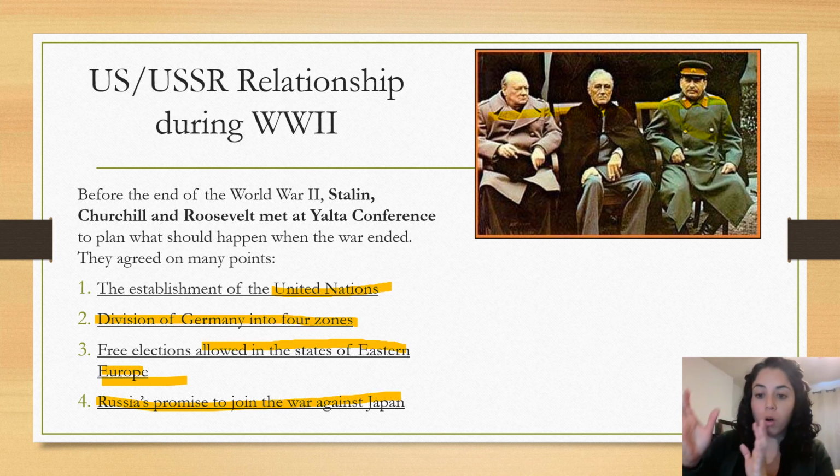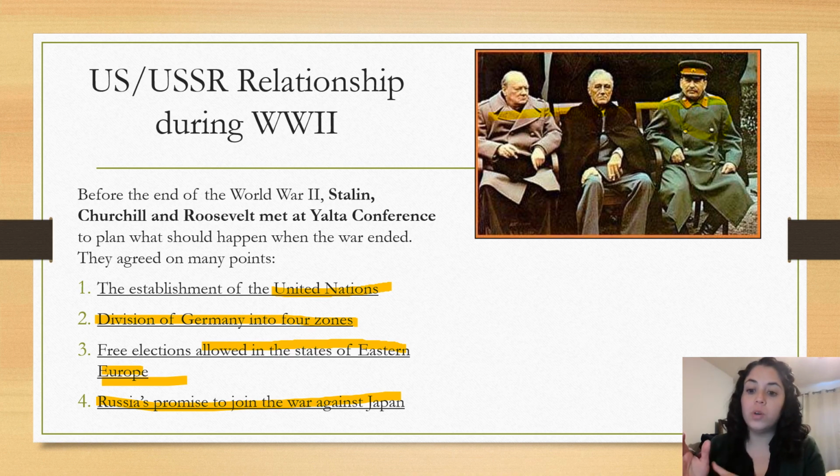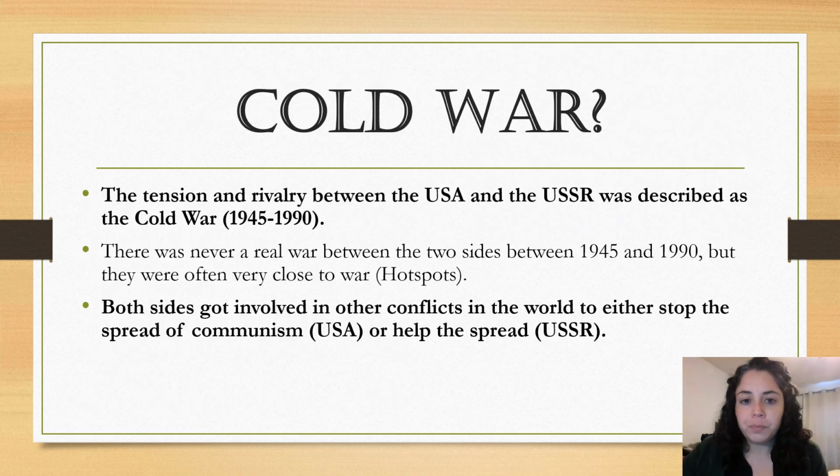But then the war also keeps happening in Japan, and the United States at that point was asking for help from Russia to also try to end the war in the Pacific Ocean or in the Japanese front. So they are agreeing to all of these things. So at the beginning of the Cold War and at the end of World War II, you see that the Soviet Union and the United States are on the same side, and they are agreeing to do similar things.